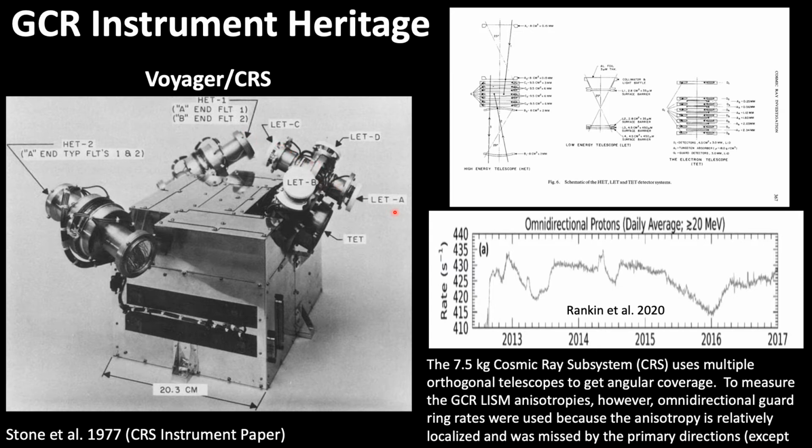But because of the lack of dedicated anisotropy measurements, it was only later that the CRS instrument was able to detect indications of the anisotropy, and this was done by using the omnidirectional guard ring rates, and then also later, additionally, they looked at periods during magnetic rolls, and also were able to confirm these anisotropies.